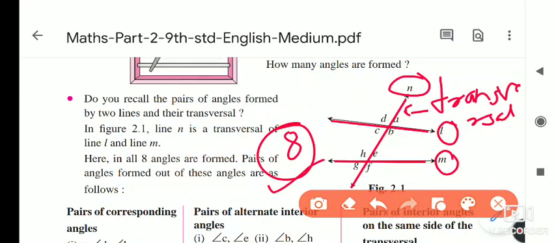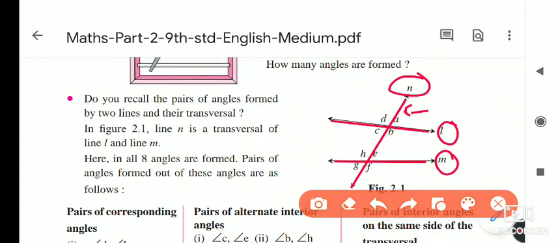Then these angles are of different types: corresponding angles, alternate angles, and interior angles. So first of all, we will see the pairs of corresponding angles.